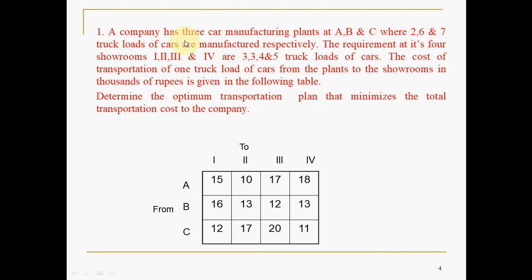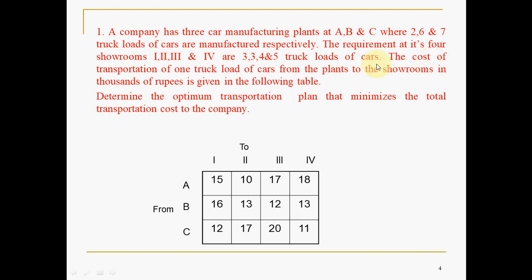A car company has 3 car manufacturing plants at A, B and C, where 2, 6 and 7 truckloads of cars are manufactured respectively. The requirement at its 4 showrooms 1, 2, 3 and 4 are 3, 3, 4 and 5 truckloads of cars.